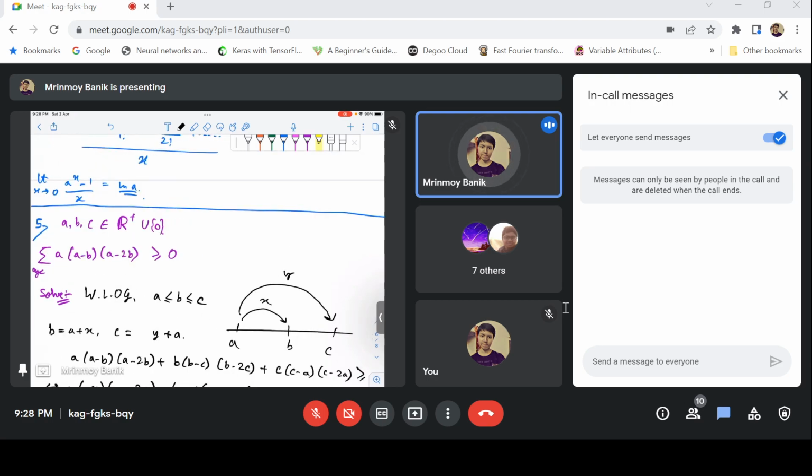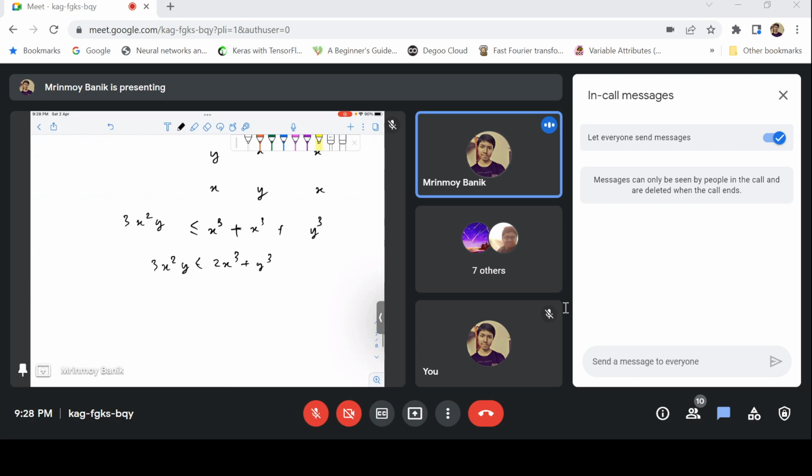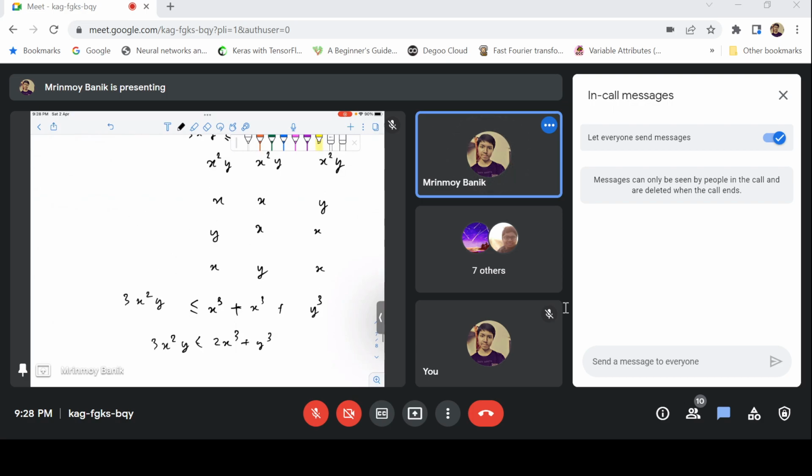So with our assumption, we have also assumed one more thing, that y is greater than x. So y cubed is greater than x cubed. Can this help us?